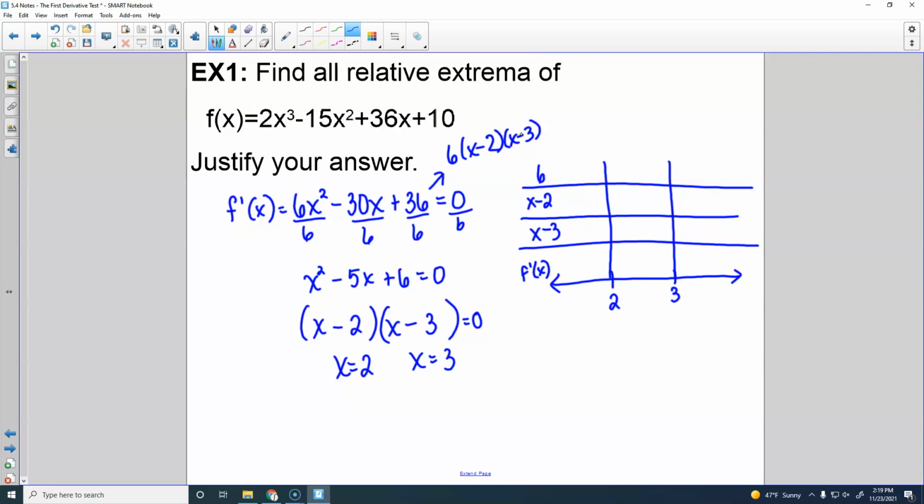Okay, so let me just back up here a second. What I want to do is figure out if my derivative is positive or negative. One option that you have is to take a number like 0 here and plug it into 6x squared minus 30x plus 36. Then pick a number between 2 and 3.